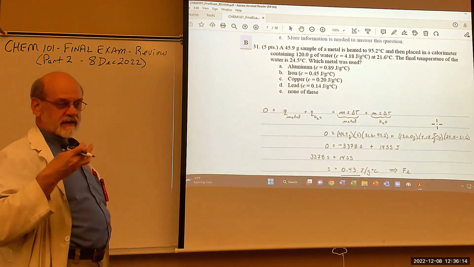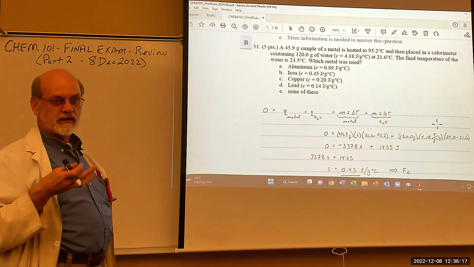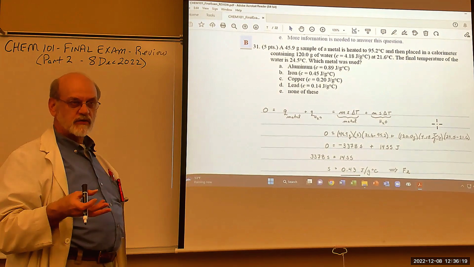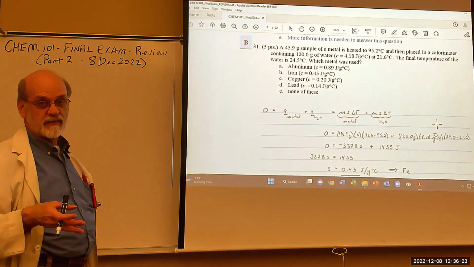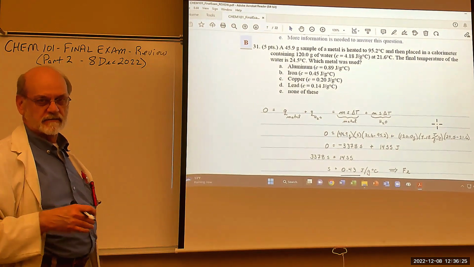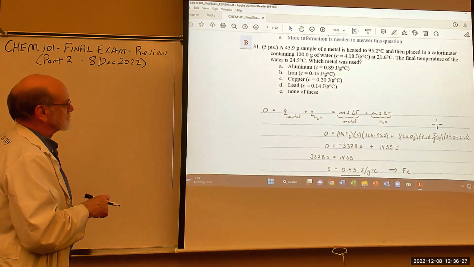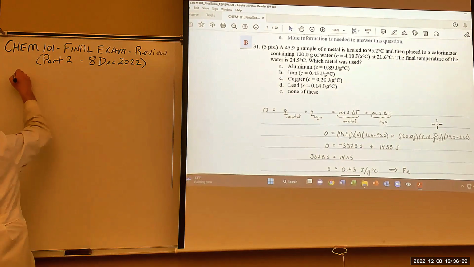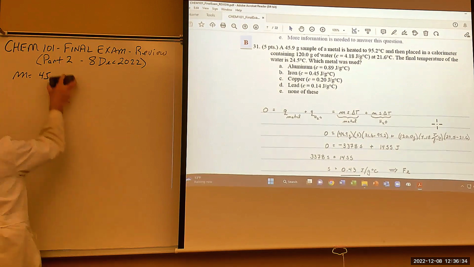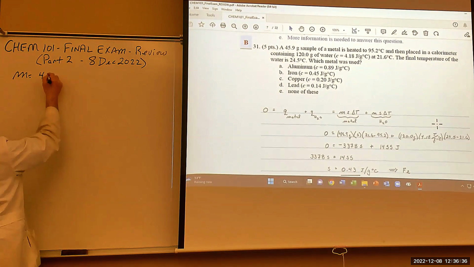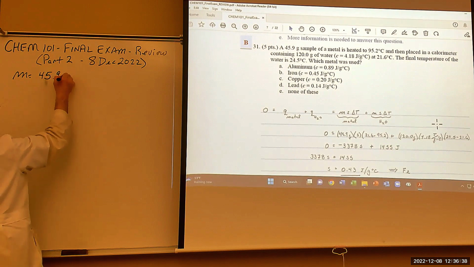You need to extract that information from the problem so you can see what it has, what you need, because a lot of it might be just fluff, blue smoke. So the mass of the metal is 45.9 grams.